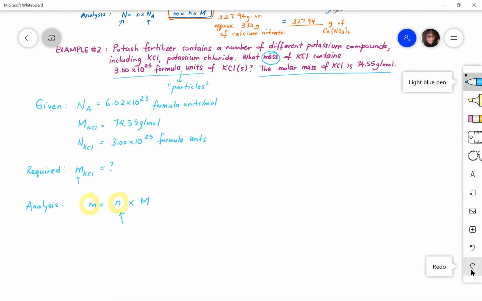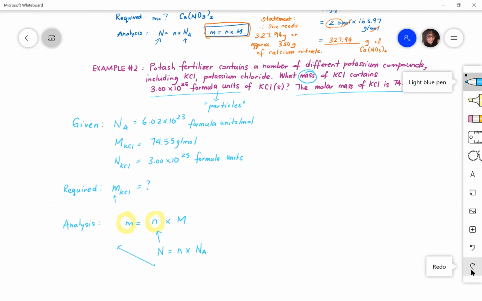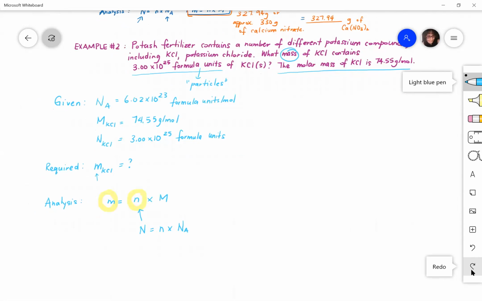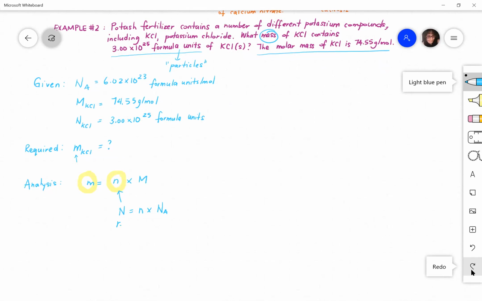Well, you could solve for N based on the fact that your number of particles is equal to N times Na. Or rather, rearrange to find your number of moles, where N is going to be equal to your number of formula units divided by the Avogadro's constant.